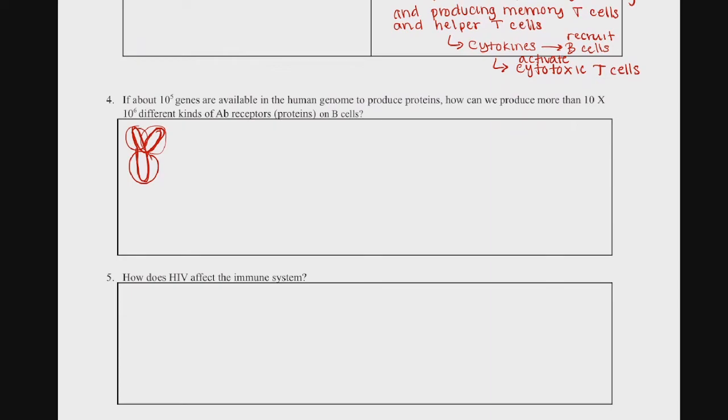So each of that is made up of 3 parts. So variable region, each is coded by a different region on the DNA.